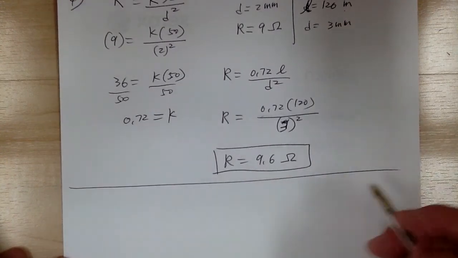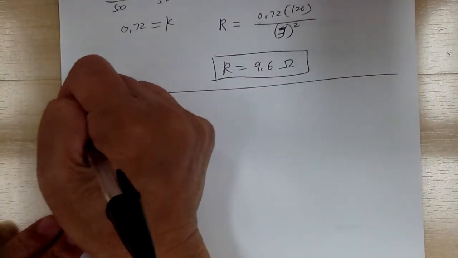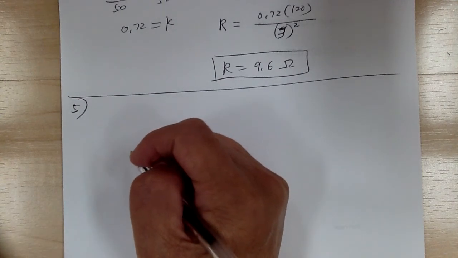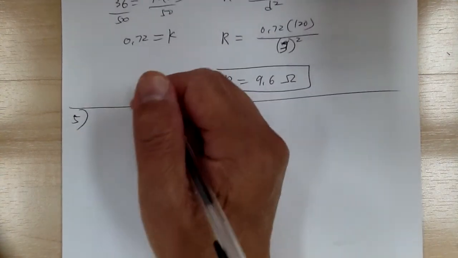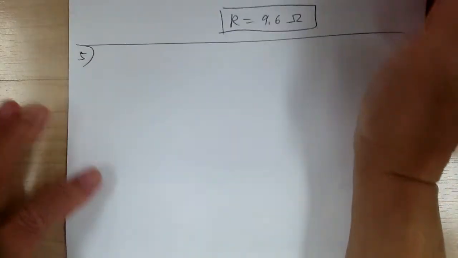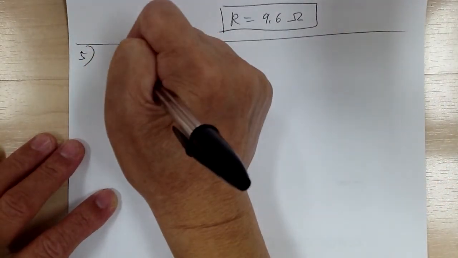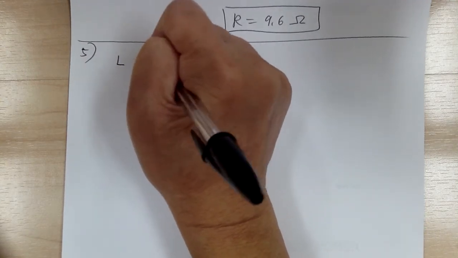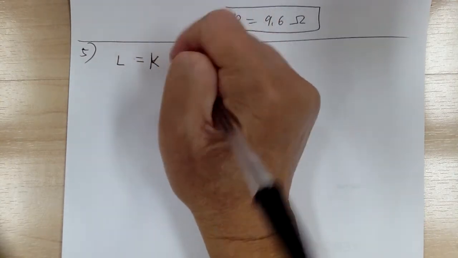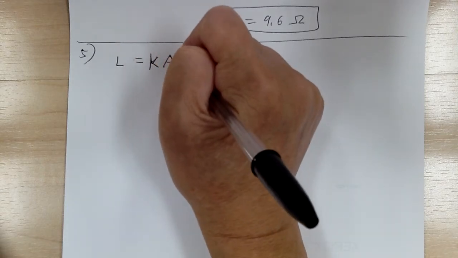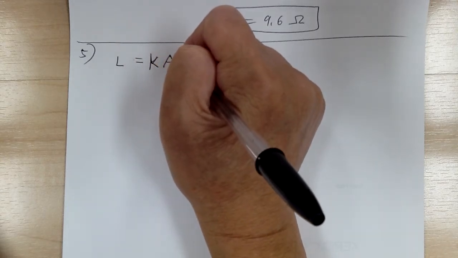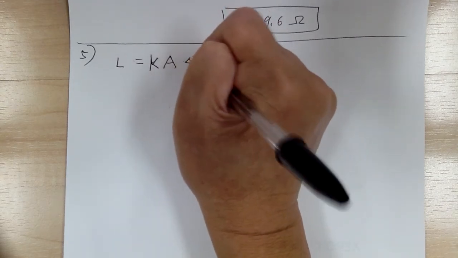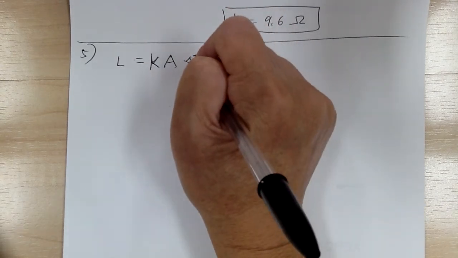Okay, let's go to number 5. Again, read through. So it's heat loss, so I'm going to call it L. Heat loss through a glass window varies jointly as the area of the window and the difference between the inside and outside temperature. So I'm going to call it delta T, the temperature difference.